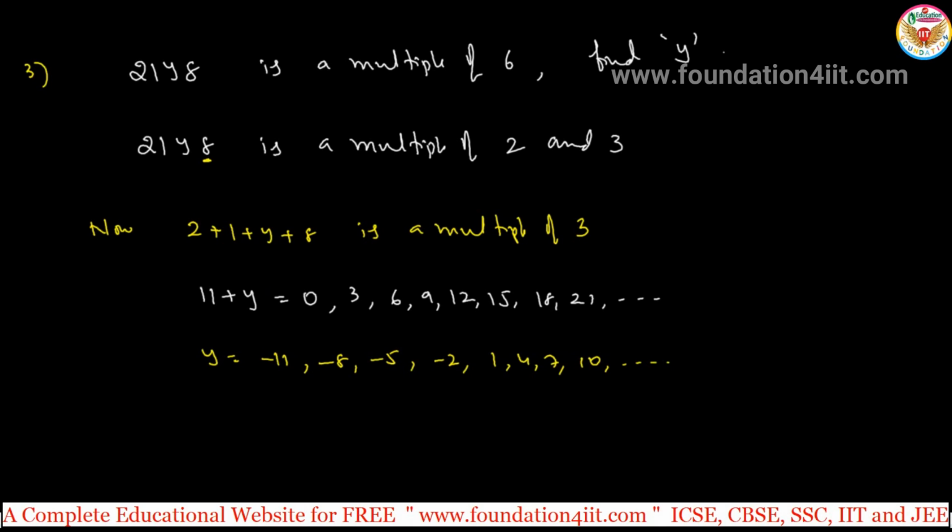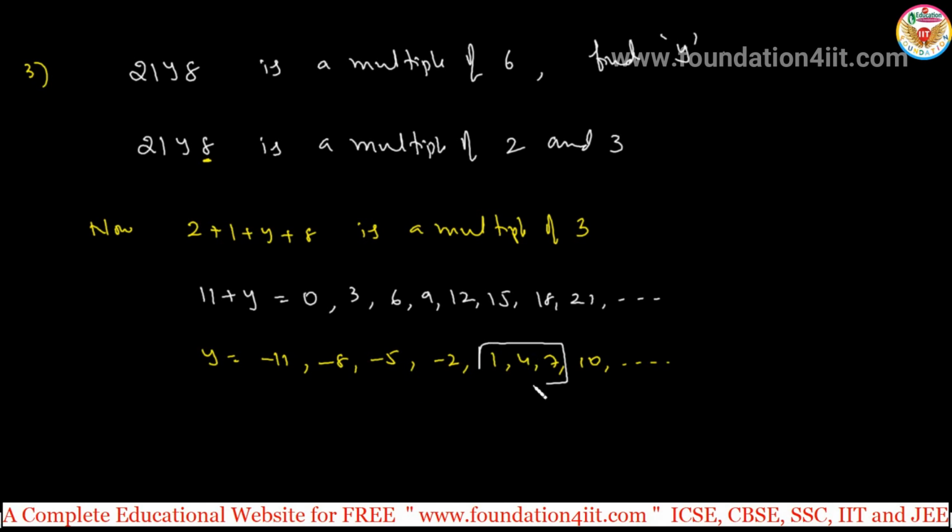So based on these two rules, for the divisibility rule of 2, in the place of y any number you can take, since y is a digit with values 0 to 9. And for 3, the overall common values are only 1, 4, 7, because it should not be more than a single digit and not negative. So the value of y is 1, 4, 7.